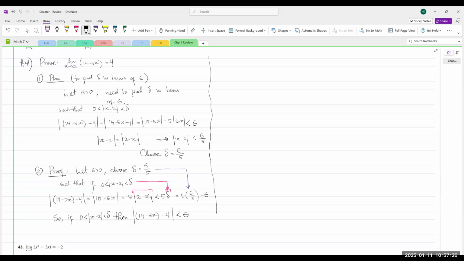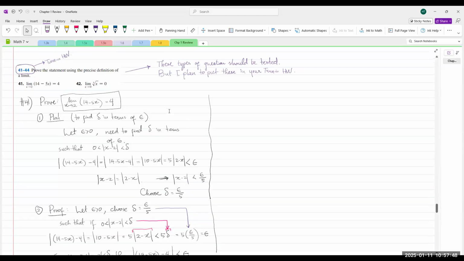This gives a complete proof of why we can say the limit as x approaches 2 of 14 minus 5x is equal to 4. So we need to first find delta in terms of epsilon, and second, show that delta satisfies the definition of the limit.